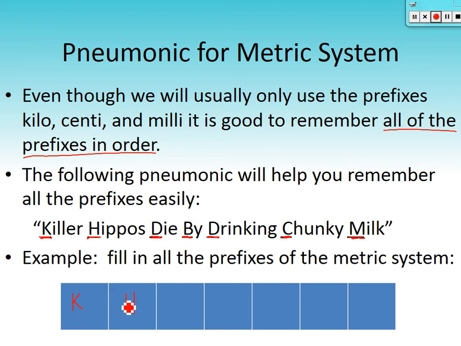So killer, hippos. The next one is die, so we're going to put a D. By is B. Drinking is D, lowercase on this side. Chunky is C, and milk is M.